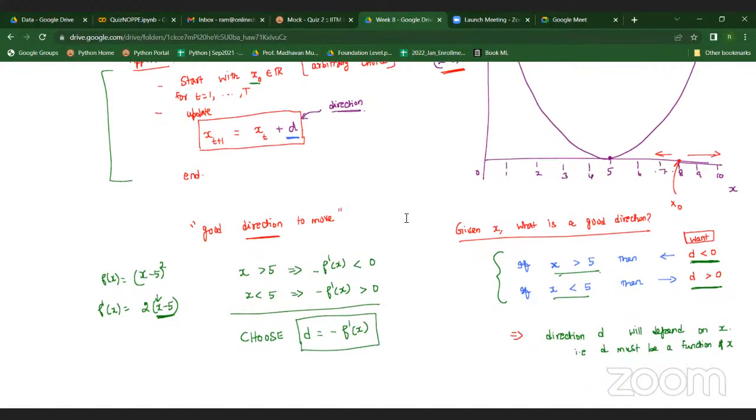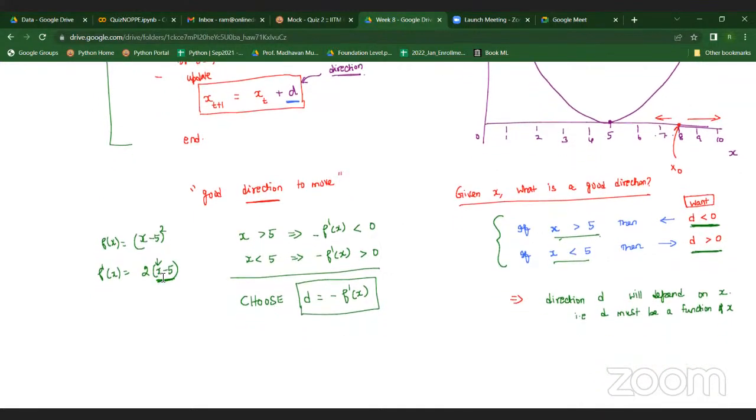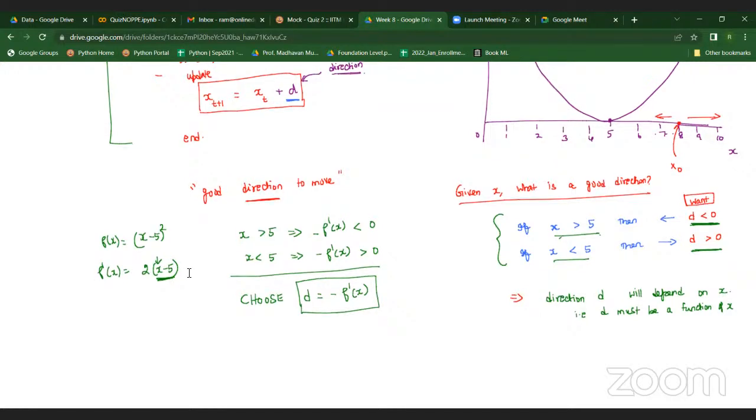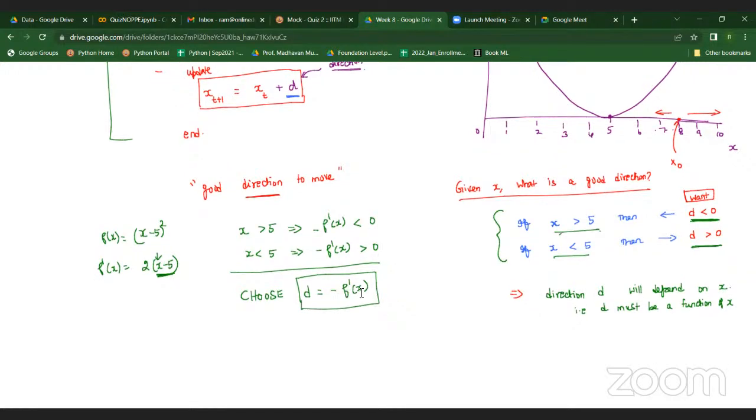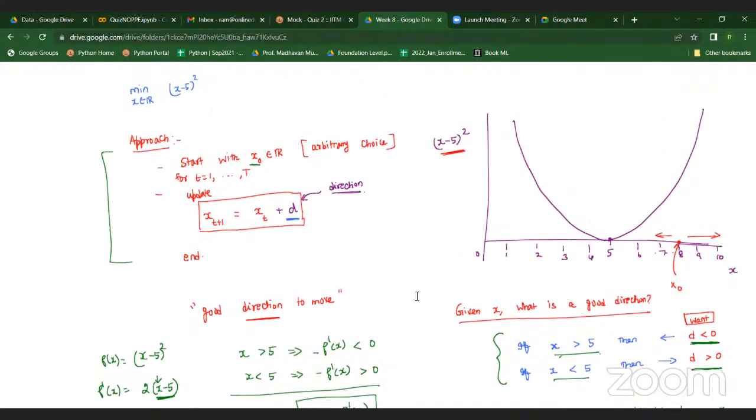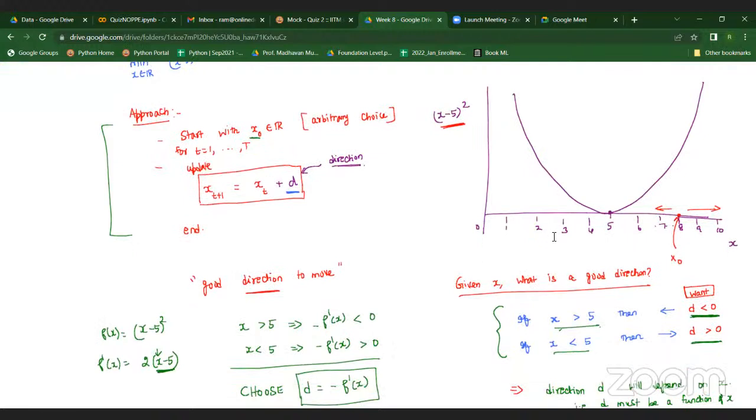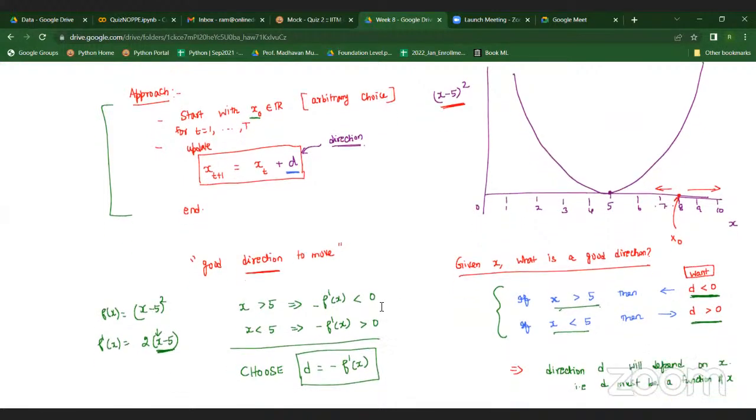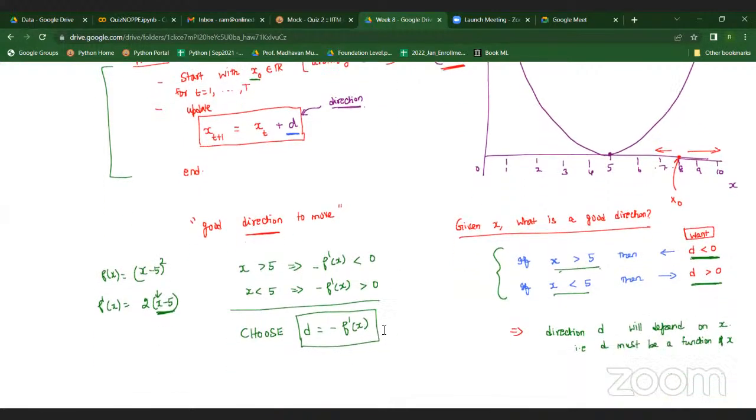Similarly, when x is less than 5, f dash of x is going to be less than 0, and d equals minus f dash of x is going to be greater than 0, which means you'll move towards the right. If you're at 2, you'll move right because minus f dash of x is greater than 0.